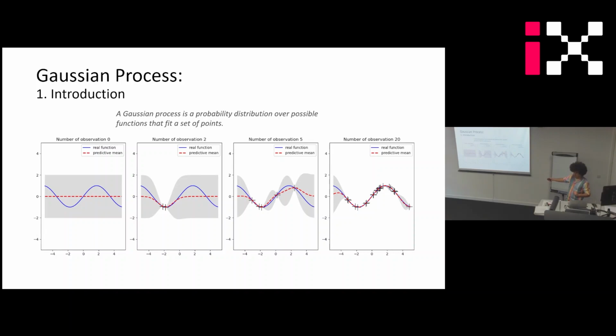In the starting point, these are all the possible functions in this space, and you describe it as a prior with a mean of 0 and a certain variance. Your prior should not be very restrictive and should not have a major impact.